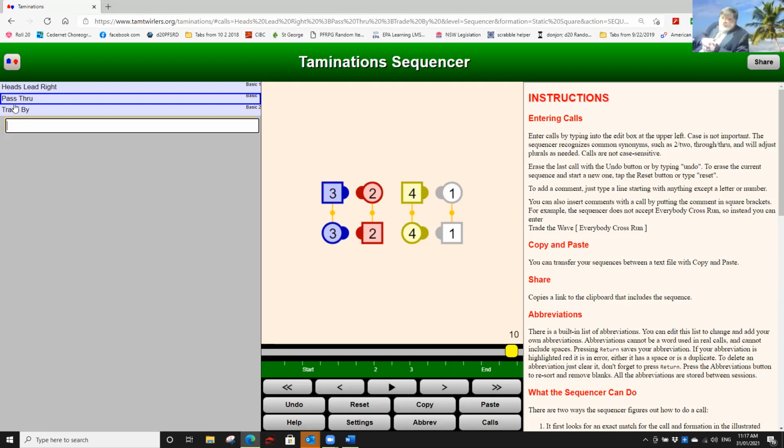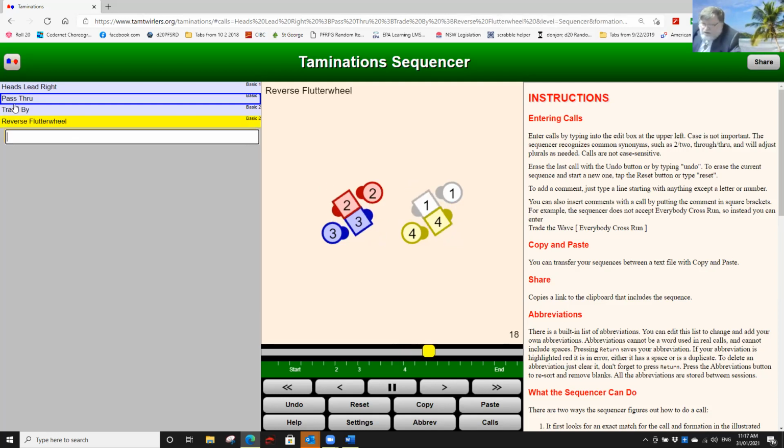Yeah. I don't remember all the technical terms for that. I just remember sequence. If I change the sequence, pass through trade by is a zero. Yeah. If they're all in sequence, like do a reverse flutter wheel, everybody's facing the partner.